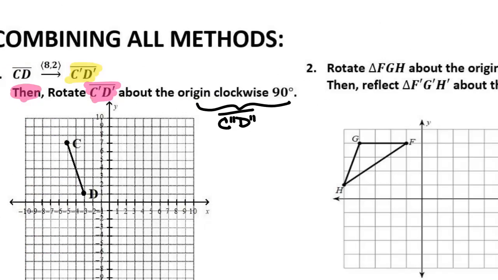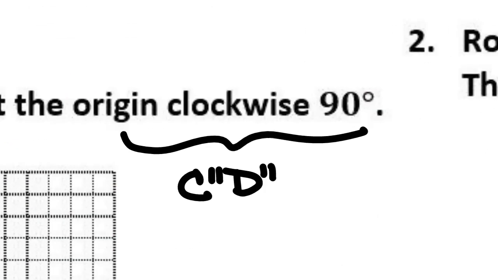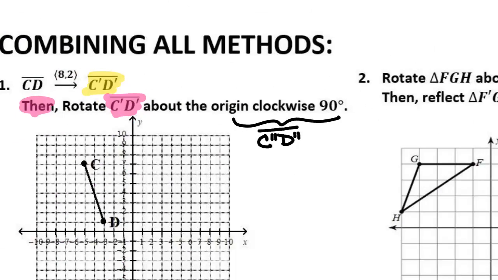Please make sure that if you are doing more than one transformation to a graph, as you move forward, after you do the first one, it's not going to be just prime for the second transformation and the third transformation. You have to do double prime or triple prime. Those primes on there are indicating how many times you have translated or reflected or rotated.